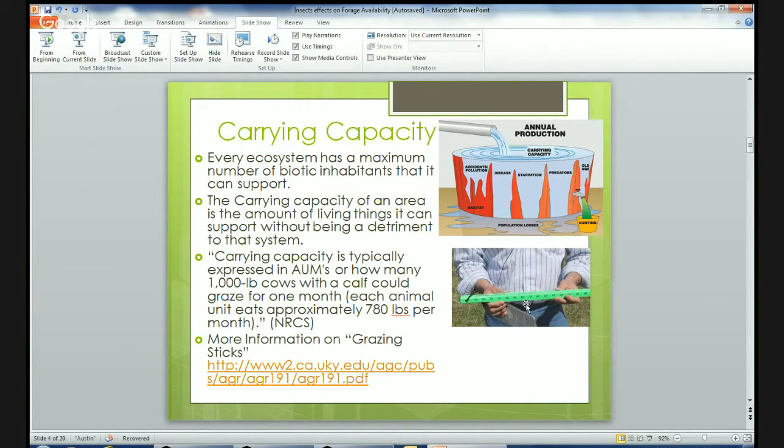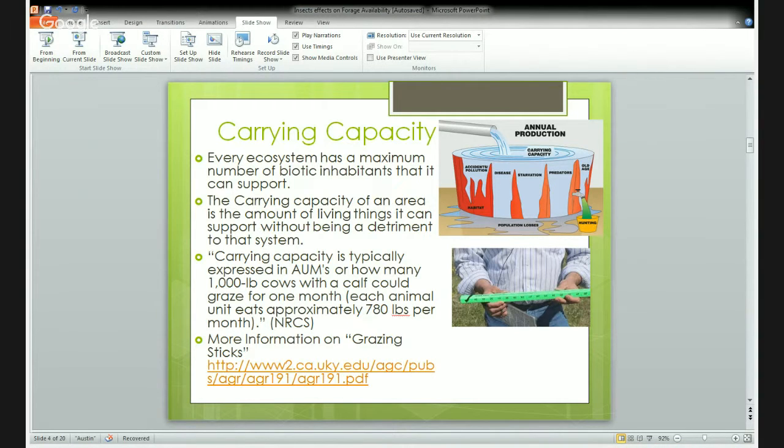But I do link to this document on how to use a grazing stick. It's a really neat three-dimensional stick if you've never seen one. You can slide it right along your soil, and based off of how many dots you see, you can calculate exactly what you're dealing with as far as forage availability.